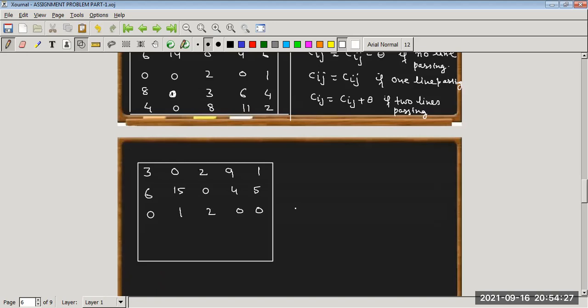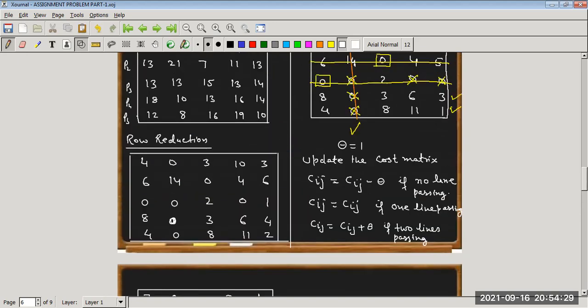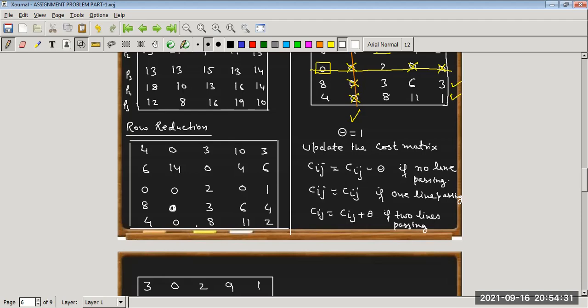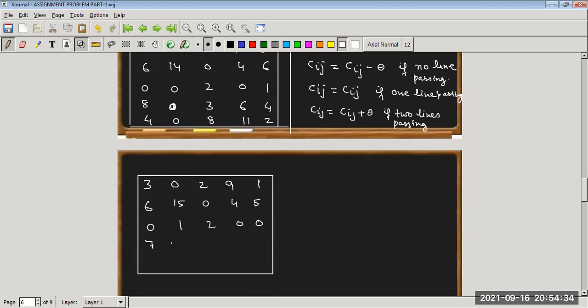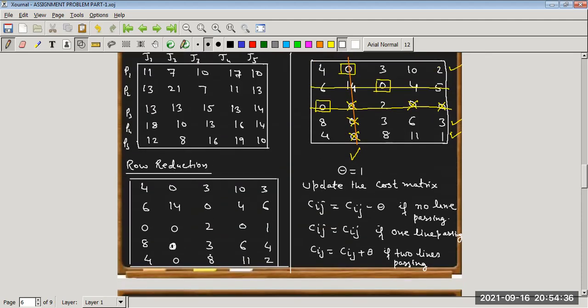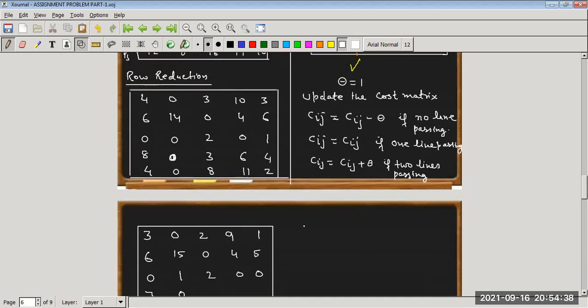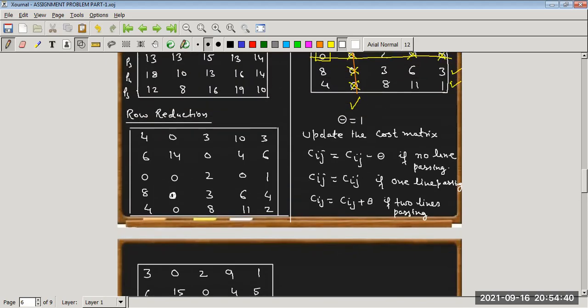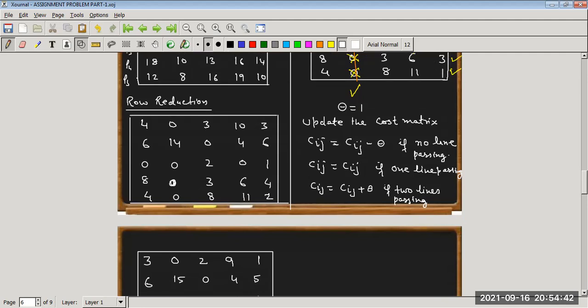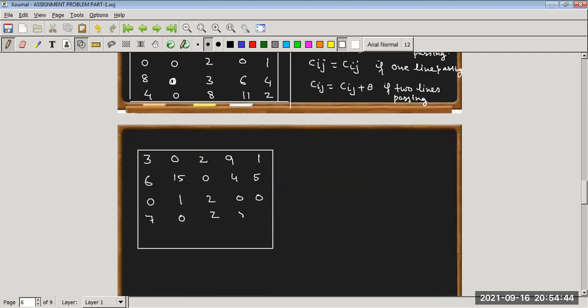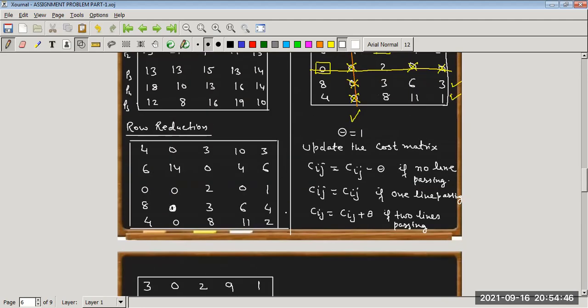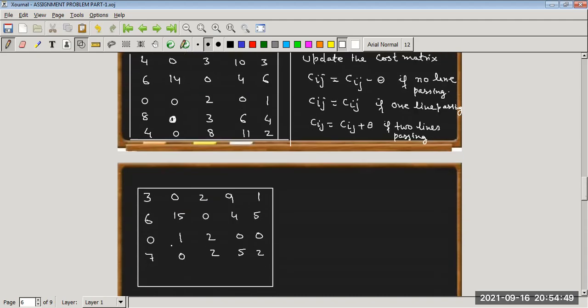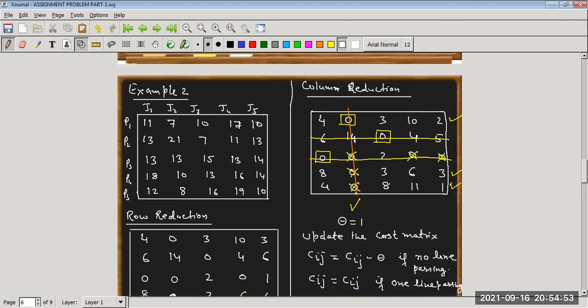Now come to the fourth, 8 minus 1 is 7 because no line is passing through it. 0 remains 0. 3 6 and 3 get minus 1, so it becomes 2 5 2. And in the last row 4 becomes 3, 0 remains 0 because one line is passing through it.